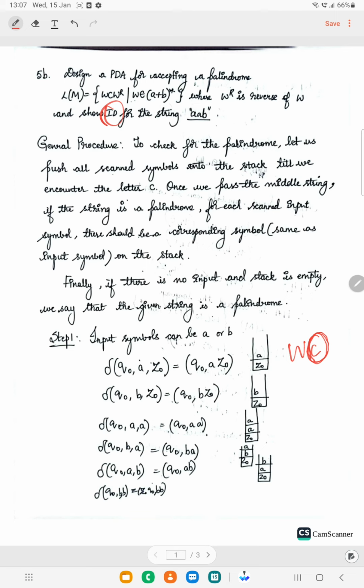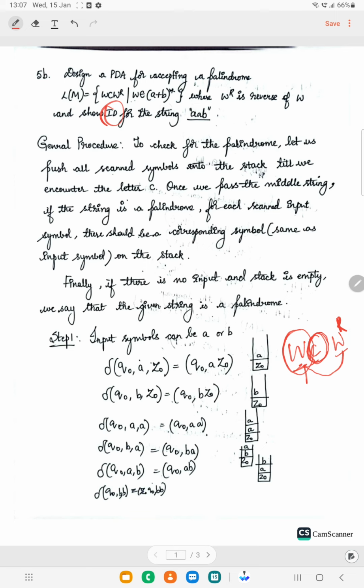Once we pass the middle, if the string is a palindrome, for each scanned symbol in WR there should be a corresponding symbol on the stack. Then I can say that we have a palindrome for the taken string.